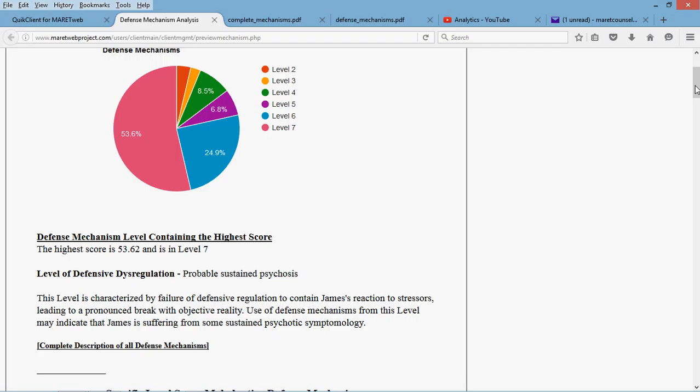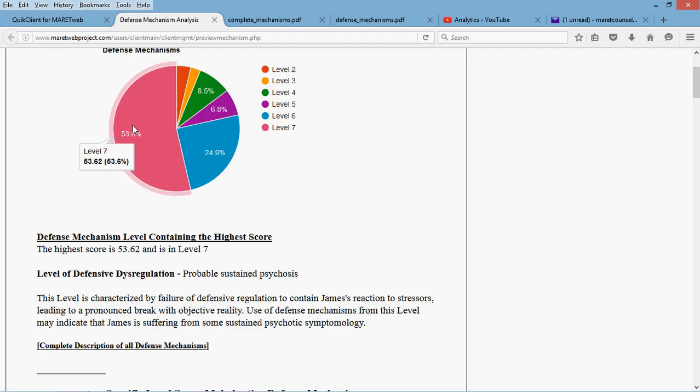So you see here that James's highest score is in level 7. 53% of his score is in level 7. There's going to be another video out there under the math section that explains how we got to these numbers. It's kind of complicated. It is weighted. It has to be weighted, and it's weighted very uniquely.